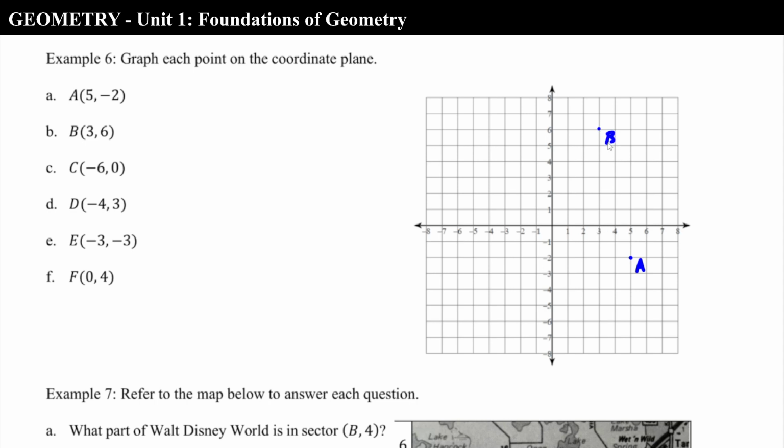There's B. For C, we have negative 6, 0. So back 6, and we stay there for C. For D, we've got negative 4, 3, which would be here. For E, we've got negative 3, which would go right here. And for F, we've got 0, 4. So we don't go left or right, but we do go up 4. And that gives us F.